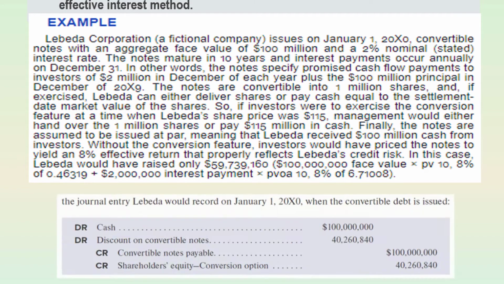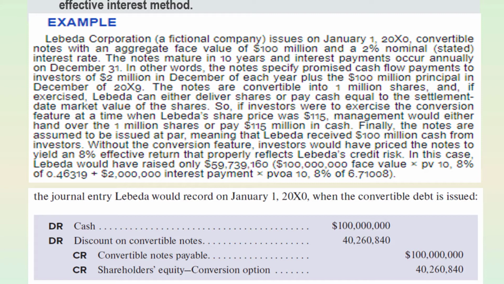So the journal entry to record this convertible debt on January 1st, 20XO would be to debit cash $100 million, debit also discount on convertible notes, the difference between $100 million and the amount that we have calculated here, the $59,739,160. So that is $40,260,840.